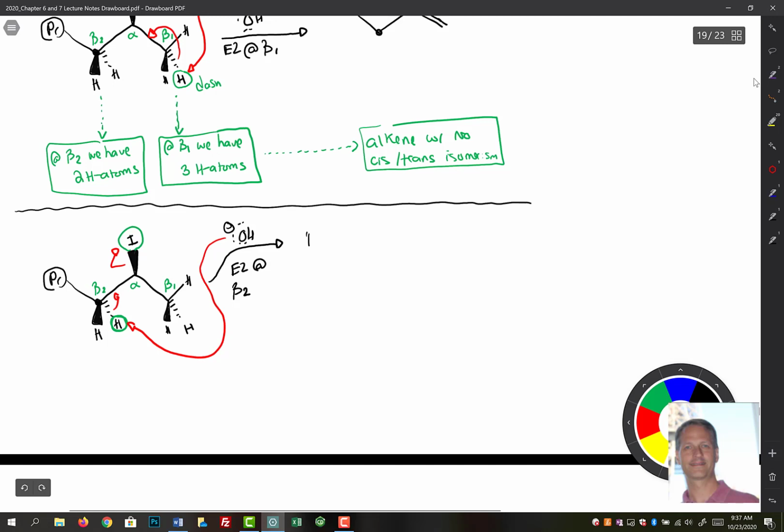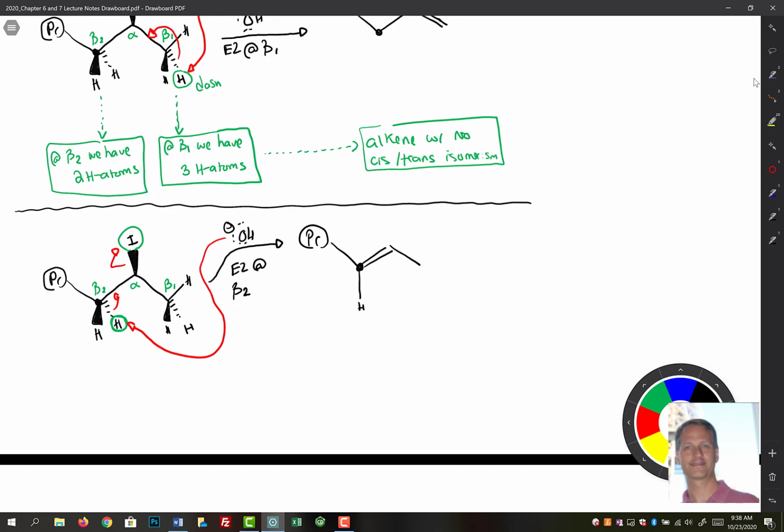We're going to have our propyl group here connected down to this carbon, the carbon at beta 2. The H that's on a wedge is going to come in plane. It's going to be right here. And then we're going to have a carbon-carbon double bond here, connected to a CH3. So that would give us this as our product.